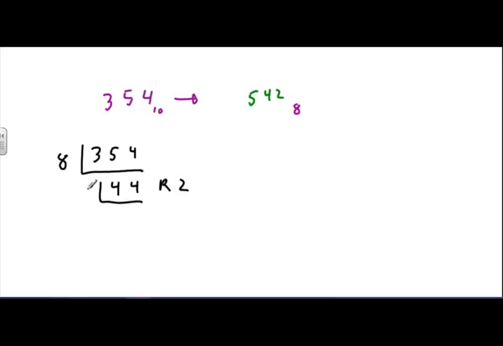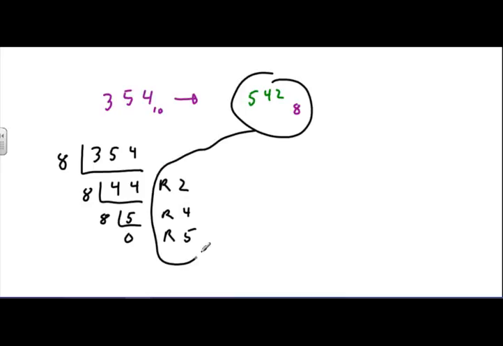I divide that by 8. 8 goes into 44 5 times with a remainder of 4. And 8 goes into 5 0 times with a remainder of 5. There's my 542, the same 542 I have there.